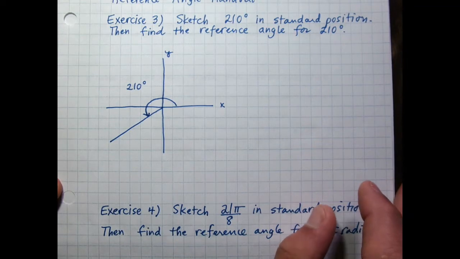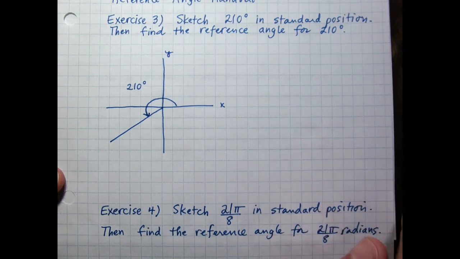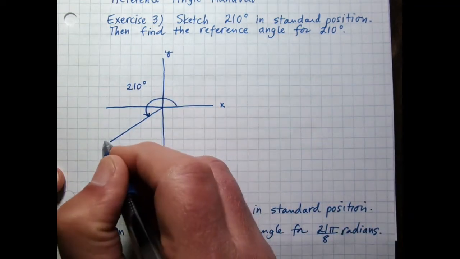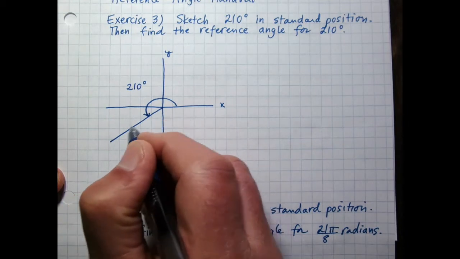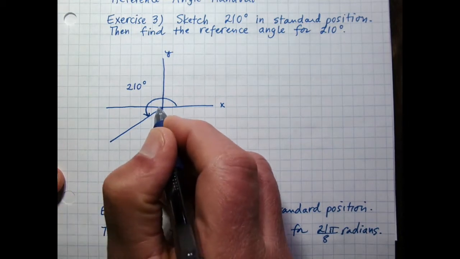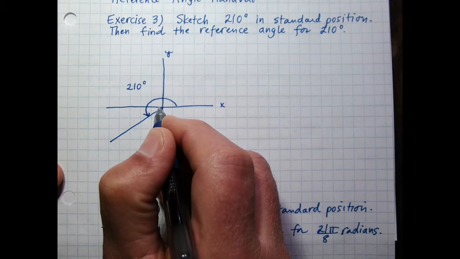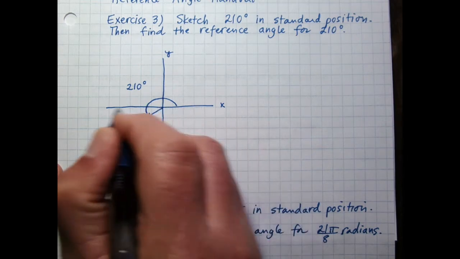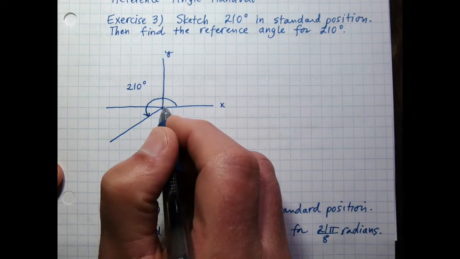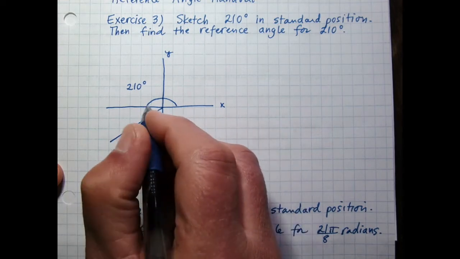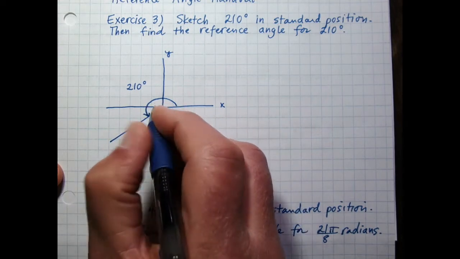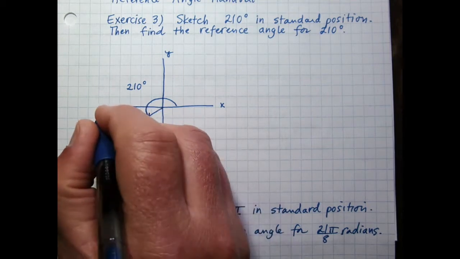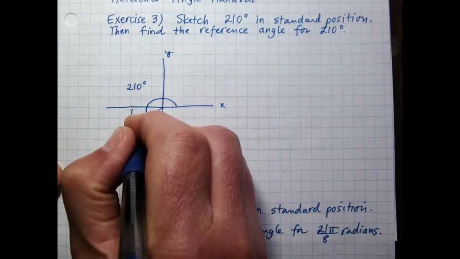Now the reference angle. Where is the reference angle for 210 degrees? The reference angle always shares the terminal side of the angle we have, and its other side is always going to be on the x-axis, positive or negative. We always use the piece of the x-axis that gives us an acute angle, less than 90 degrees. So here we use the negative x-axis.